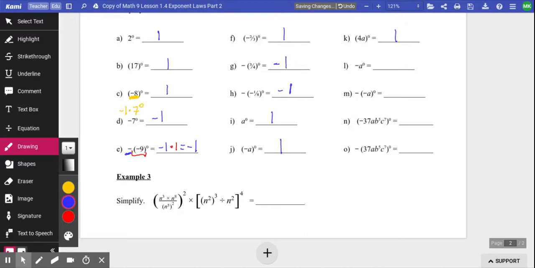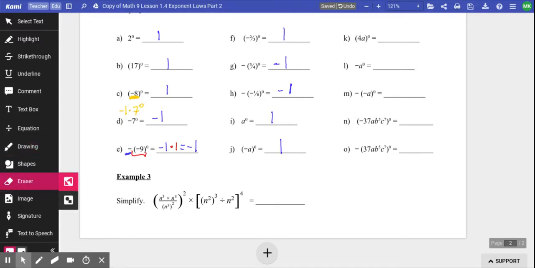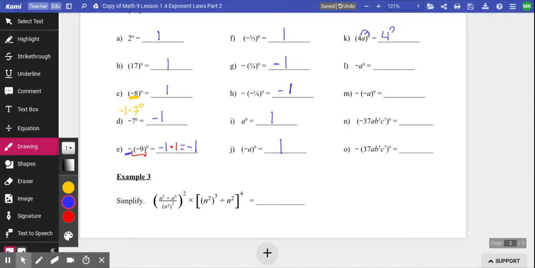If you wanted to do your power of a power law, you could bring the 0 in, in which case you'd have 4 to the power of 0, a to the power of 0, and both of those things become 1, so it'd just be 1 times 1. Depends how you want to look at it. It's probably easier to just put 1, but that's another way to look at it.